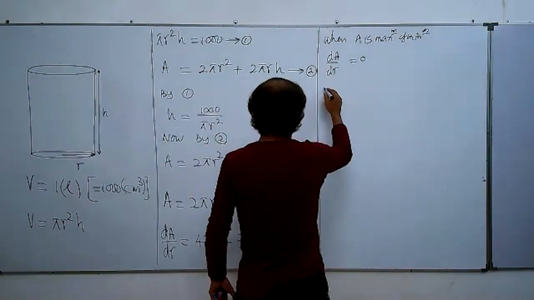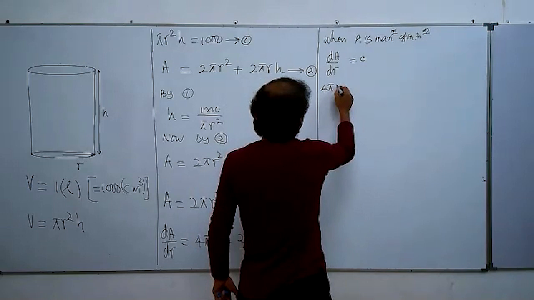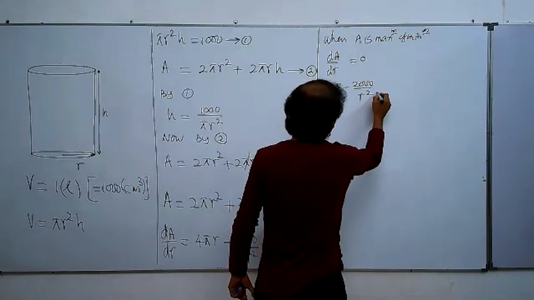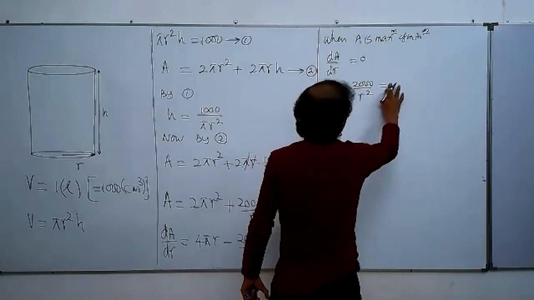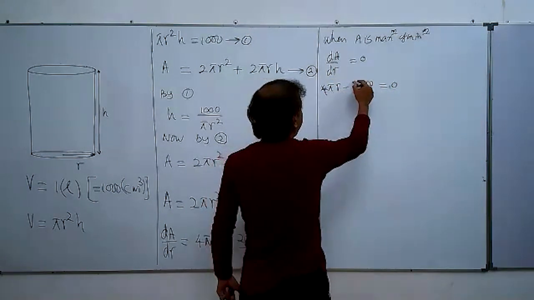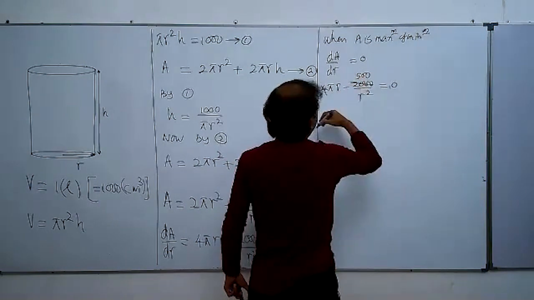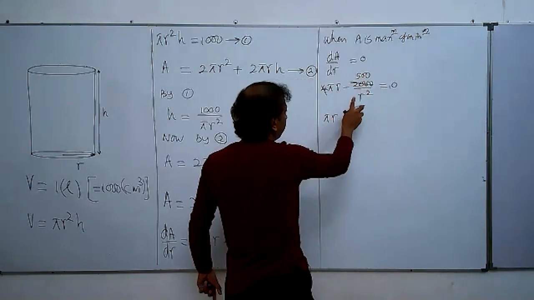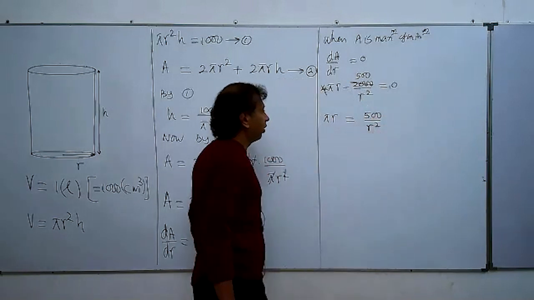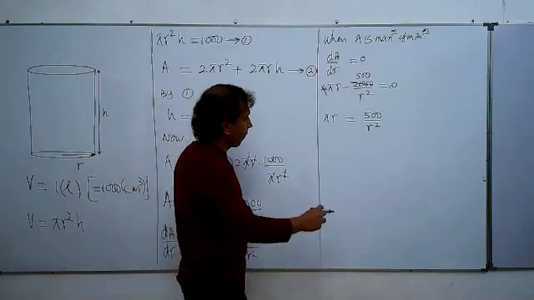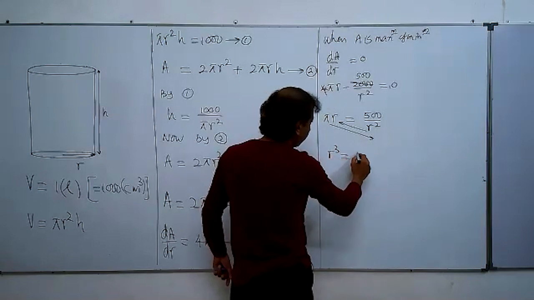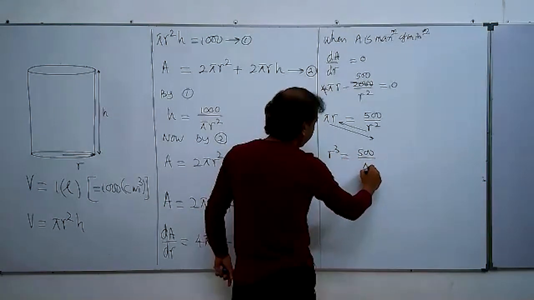We get 4 pi R minus 2000 divided by R squared equals 0. We can cancel down by 4. Then here we get 5 times R, bring the right hand side, 500 divided by R squared. We can use cross multiplication like this. Then R cube equals 500 divided by 5.